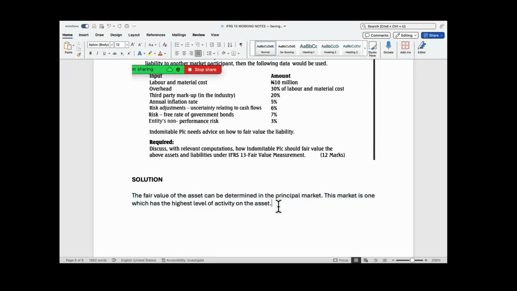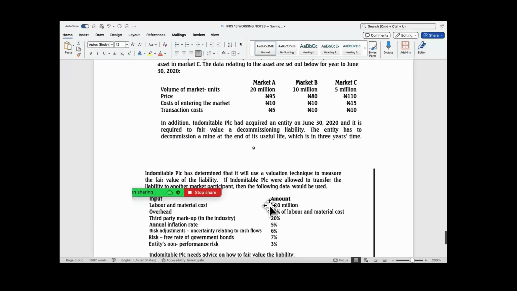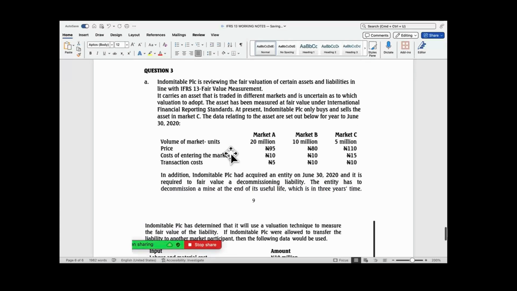You will see that I just went on to discussion around the principal market because that's based on the information given to me. I know that they want me to determine based on either principal or most advantageous market, right? So I don't have to go and be talking about exit prices or daily transaction. In this case, it will not fly here.